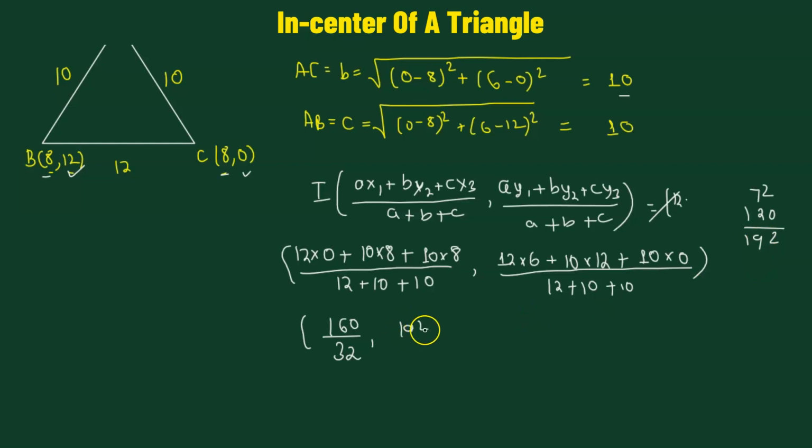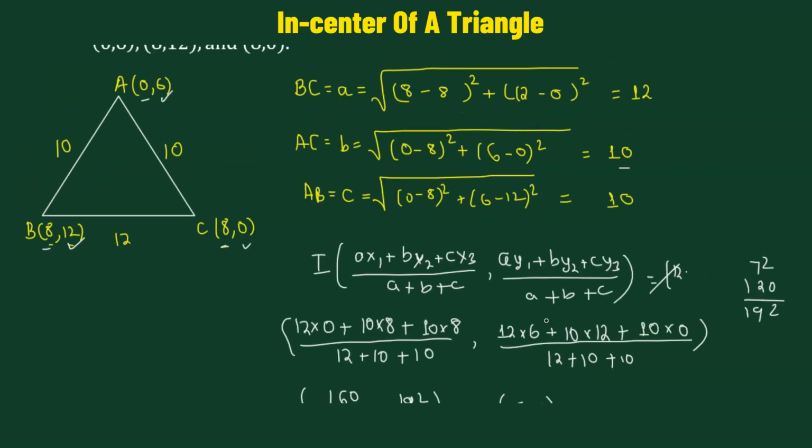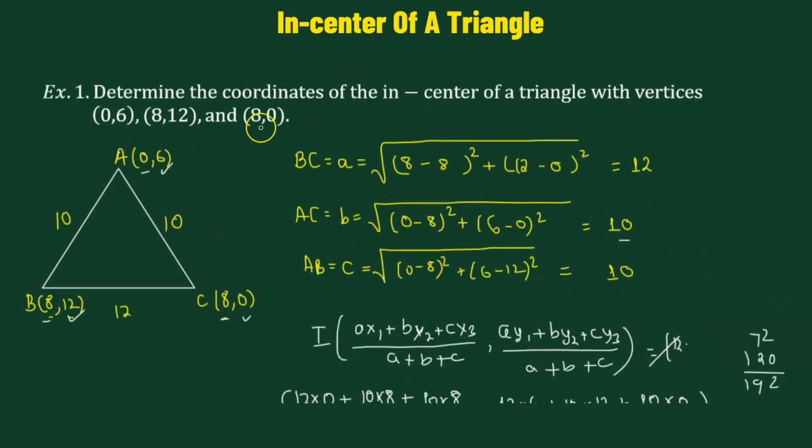So 192 divided by 32. If we further simplify, 32 times 5, that's 160, and 32 times 6, that's 192. So that means the coordinate of the incenter of the triangle with vertices (0, 6), (8, 12), and (8, 0) is going to be somewhere here, it's going to be (5, 6).